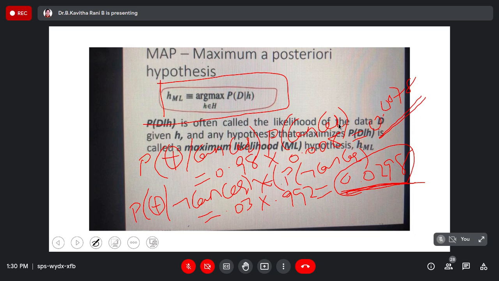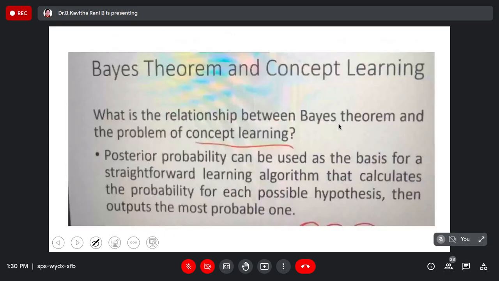In this way, by using Bayesian learning, we can find the probability of a particular data being true or false. So in this way we will be using Bayesian learning.